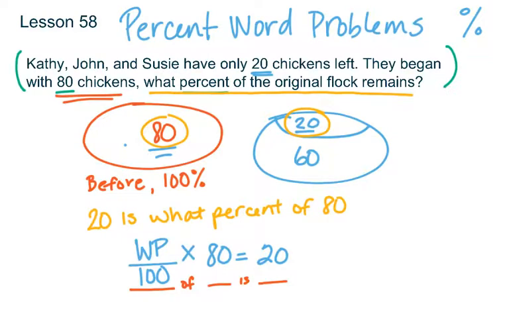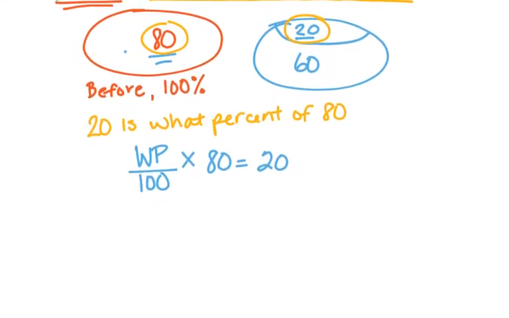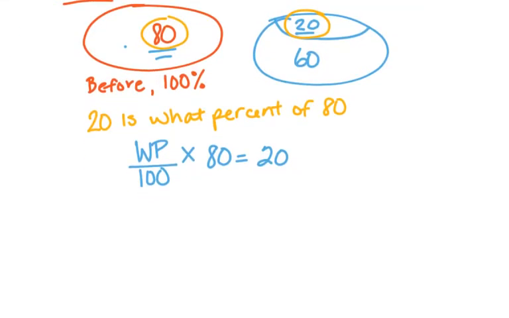So I'm going to erase this so it doesn't get confusing of how I'm solving this from here. To solve for the what percent, we need to multiply both sides of this equation by 100 because there's a 100 in the denominator.